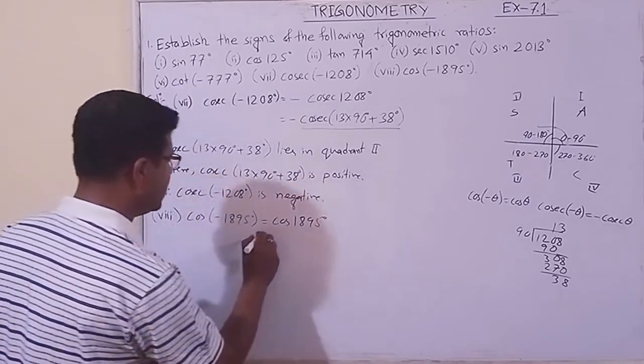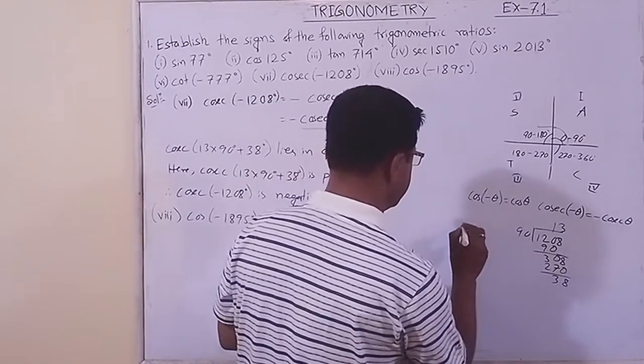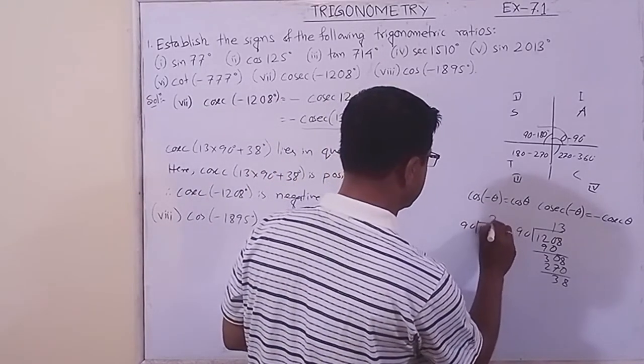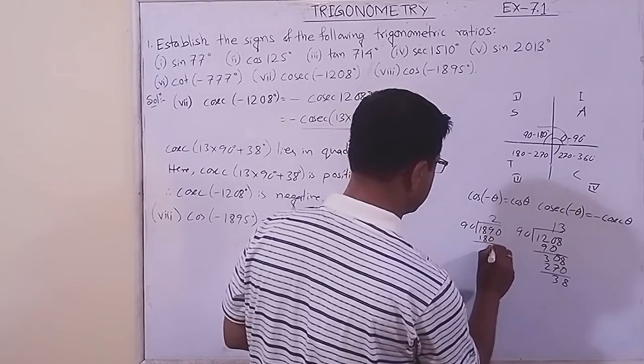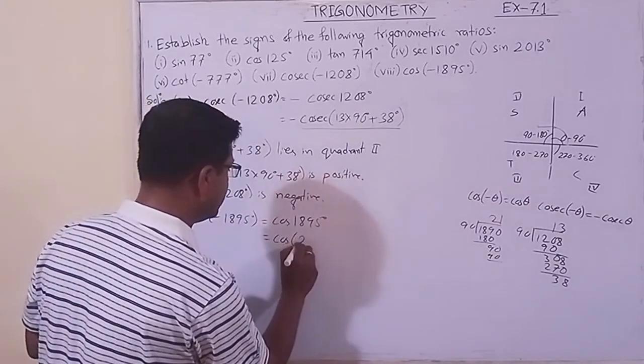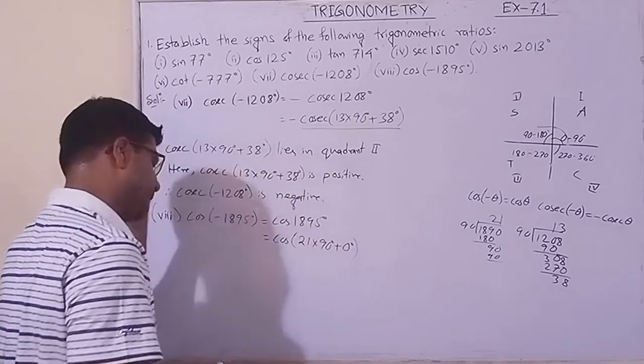Now let us see where it will lie. Let us divide 1895 by 90. That is 21 times 90 degree plus 0 degree.